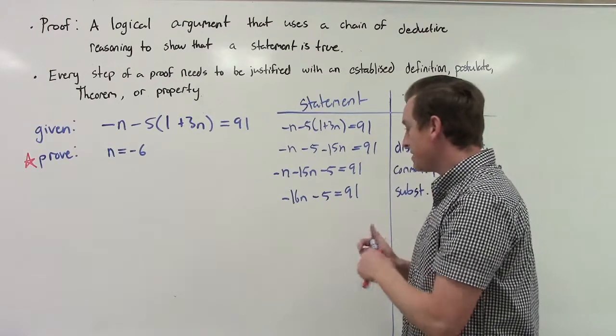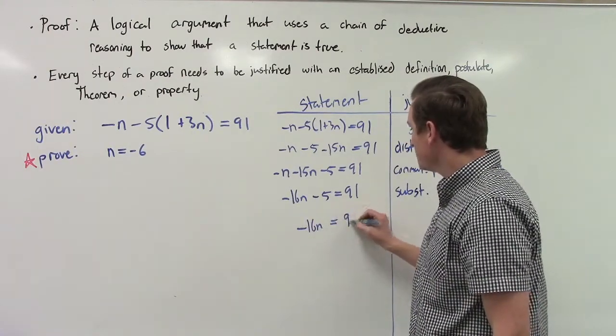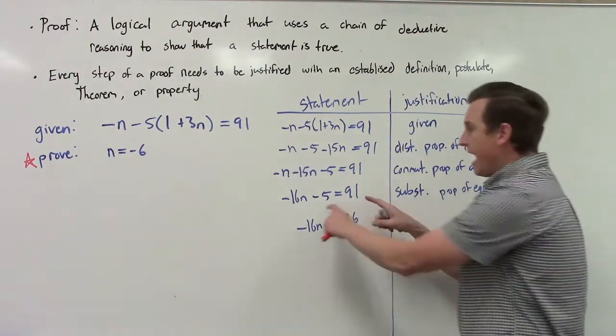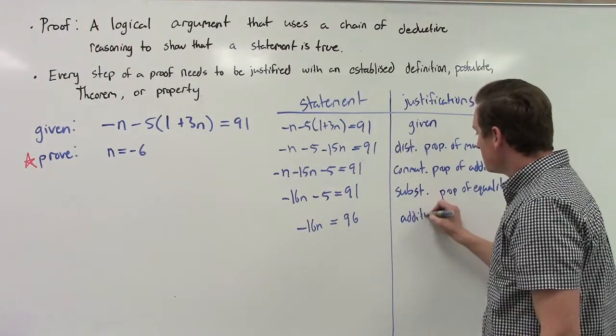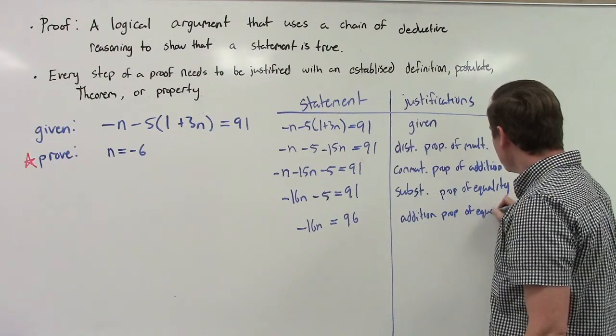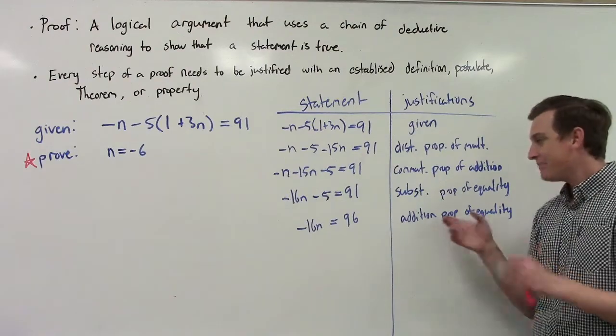So the next statement then is negative 16n equals 96. And the reason for that is we added 5 to both sides, so the addition property of equality. Okay, saying add right there is not enough.